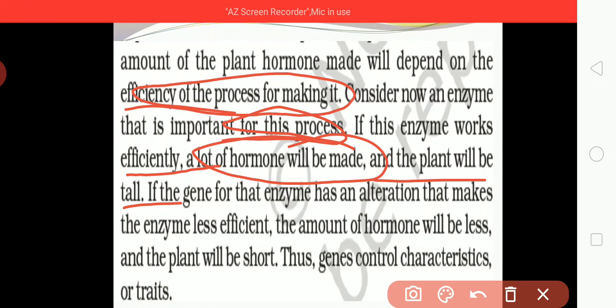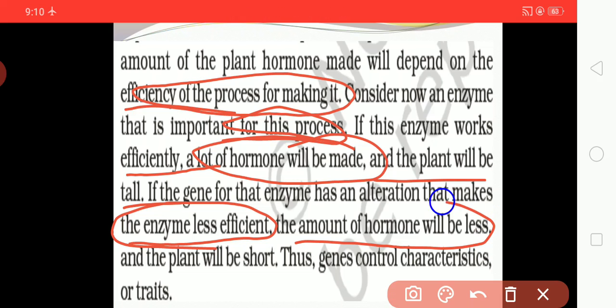So a lot of hormones will be made, and due to which the plant will get a proper amount of tallness. So the enzyme plays an important role in efficiency. If the gene for an enzyme has an alteration that makes the enzyme less efficient, then the amount of hormones will be less, and the plant will be short.